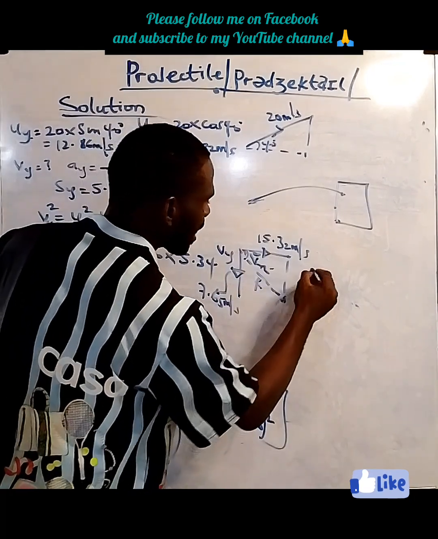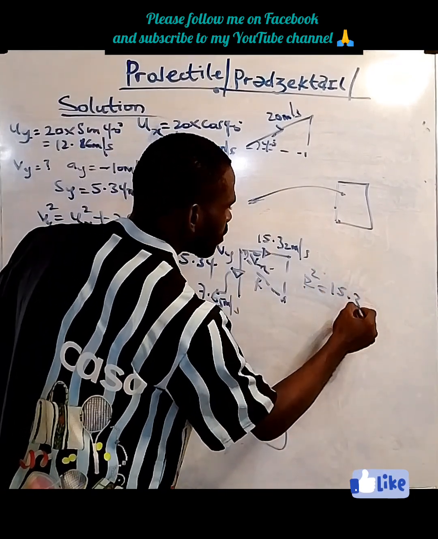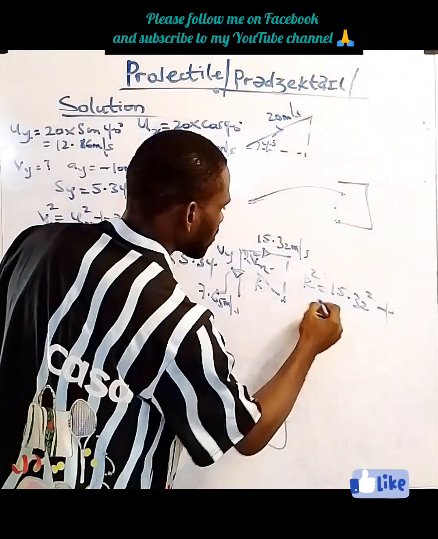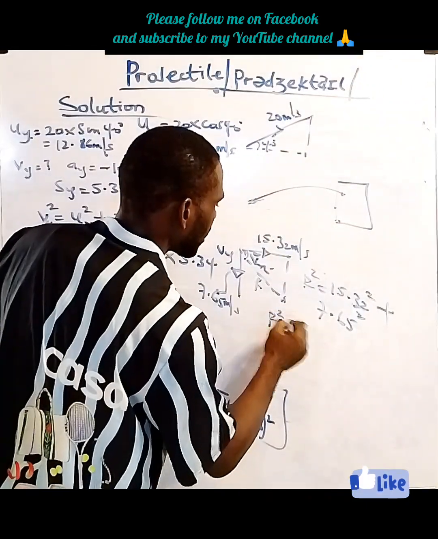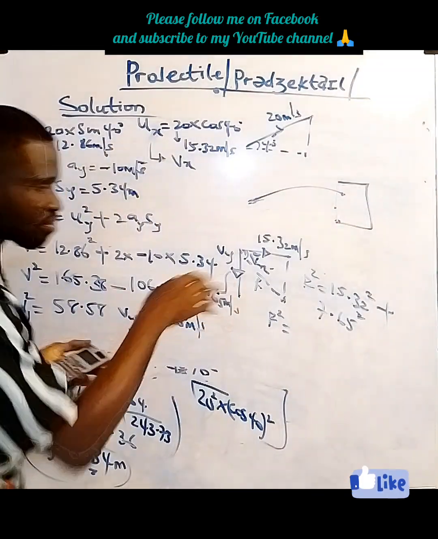Resultant speed. So that's going to be r squared equals 15.32 raised to the power 2 plus 7.65 raised to the power 2. We're going to use our calculator to solve this.